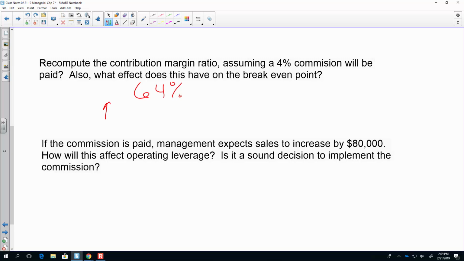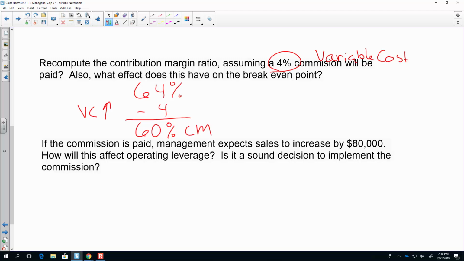If I increase my variable costs, and that's what this is, commission is a variable cost, it will influence my contribution margin ratio. If my expenses are going up 4%, guess what? My margin is going to come down 4%. My contribution margin now is at 60%. Okay?